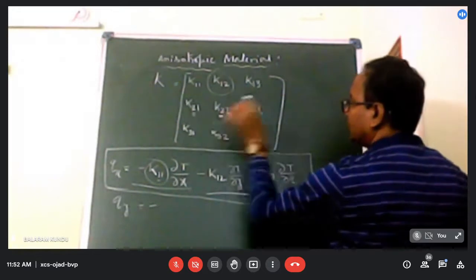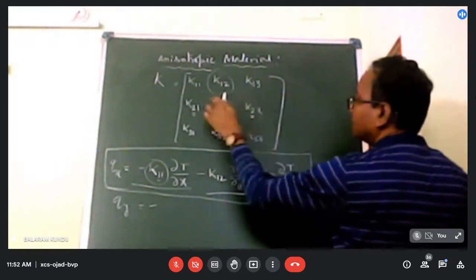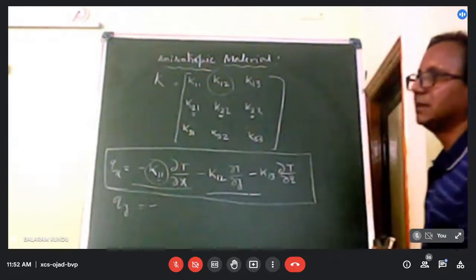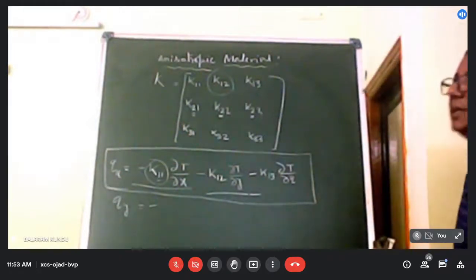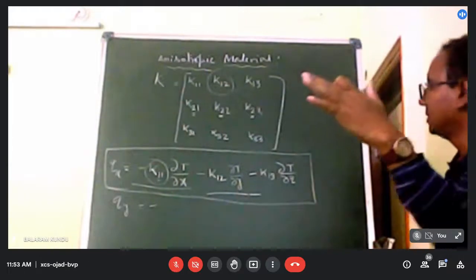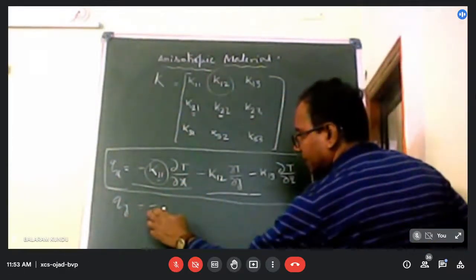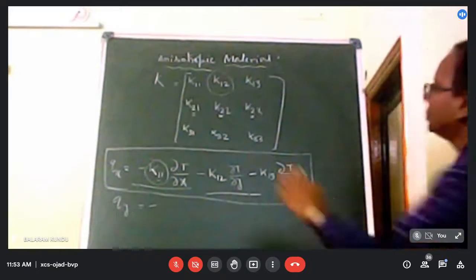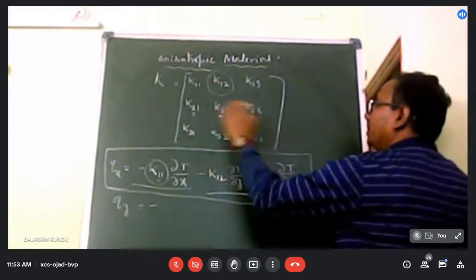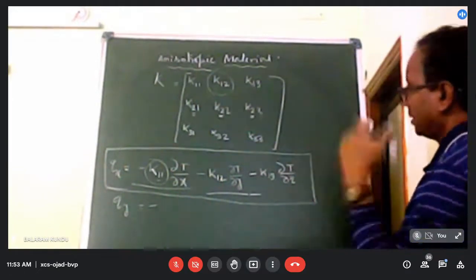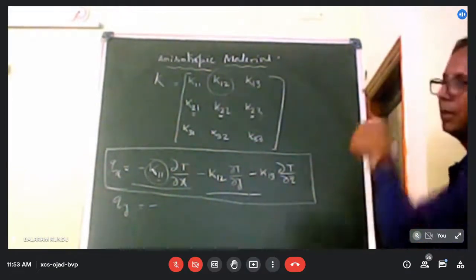These three components should be considered in order to determine the heat flux in the y direction, or heat transfer rate in the y direction. So here we want to determine the heat flux in the y direction, so we should consider these three components of thermal conductivity.